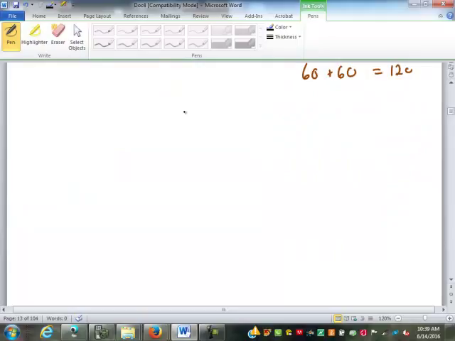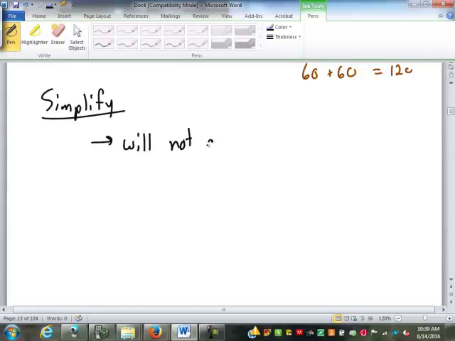So that's evaluating a formula. If you're given the command to simplify, what that is telling you, number one, you most likely will not get a single number answer.